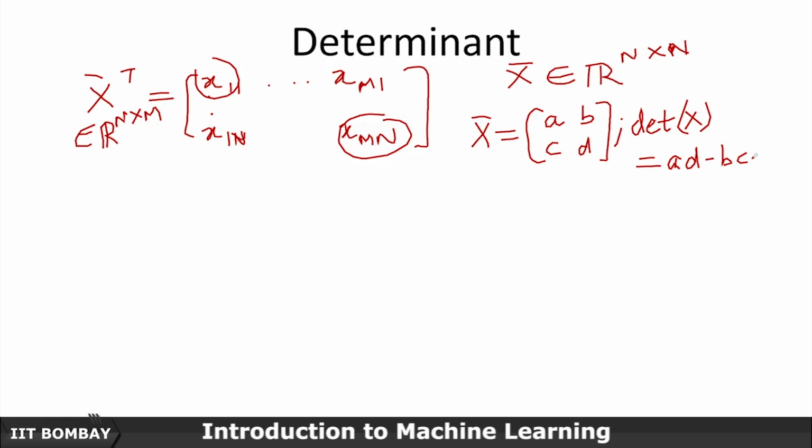Then for certain square matrices, we can define an inverse of that matrix under certain conditions.